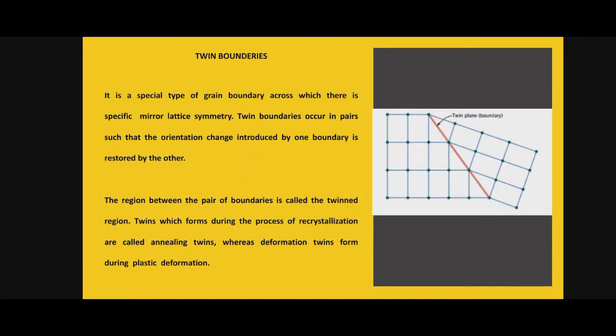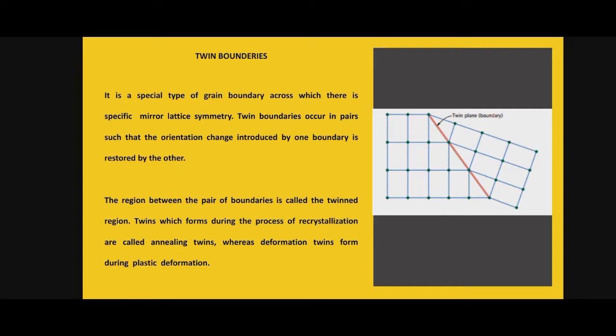So next, twin boundaries. This is a special type of grain boundary across which there is a specific mirror lattice symmetry. Twin boundaries occur in pairs such that the orientation change introduced by one boundary is restored by the other. The region between the pair of boundaries is called the twin region.